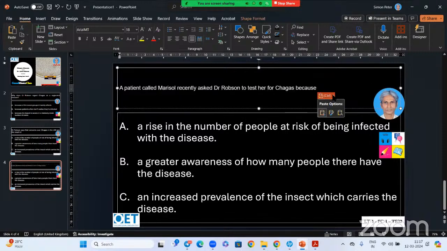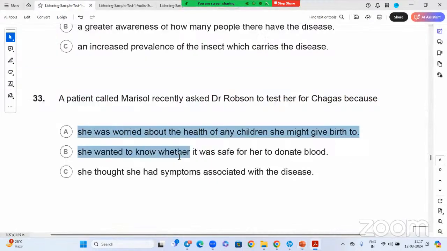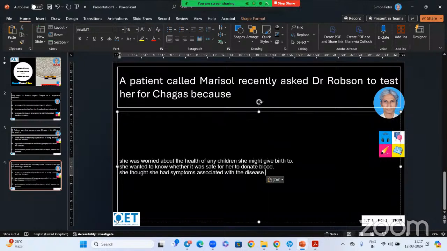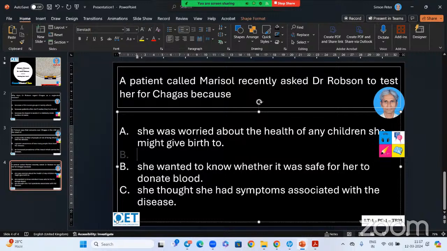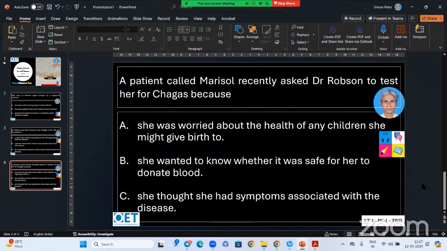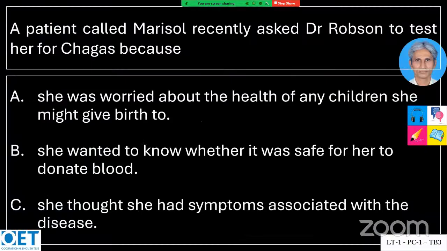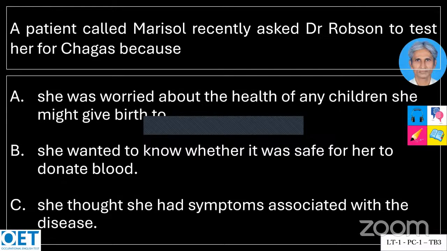Individual patient means Marisol. So we have here the third question. Go through this question.